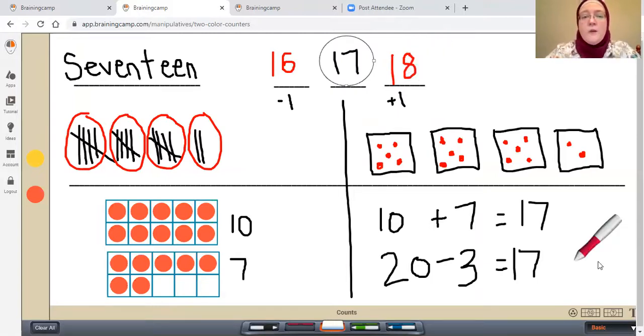So look at all the ways that you've been able to represent the number 17, guys. We did the word. We showed the numeral. We did 1 less than the number, 1 more than the number. We did our tally marks, our dice, 10 frames, making number sentences in 2 ways, addition problems and subtraction problems.